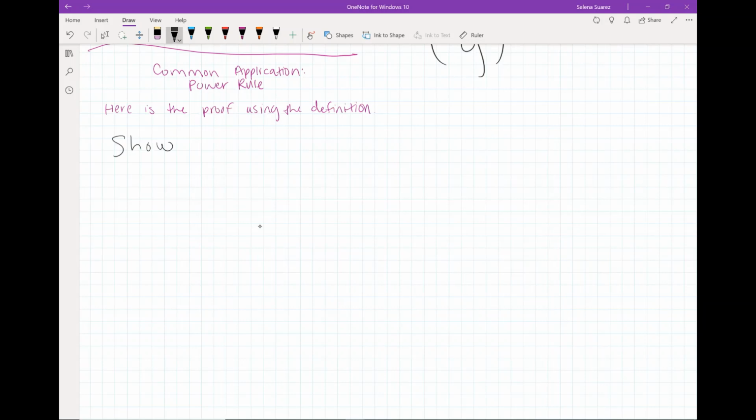So show that f of x is equal to x to the power n, and then f prime of x is equal to n x to the n minus 1. Okay, so the proof is actually going to use another form of the definition.